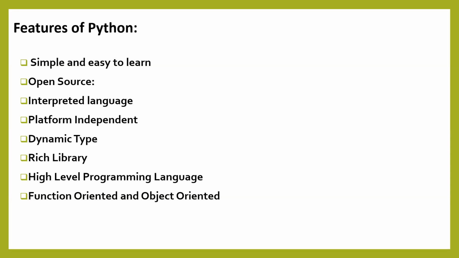For example, if I want to deal with machine learning, there are multiple machine learning libraries. Simply, I install that library and do my work. For example, for machine learning: pandas, NumPy, matplotlib, Seaborn. These are the libraries.